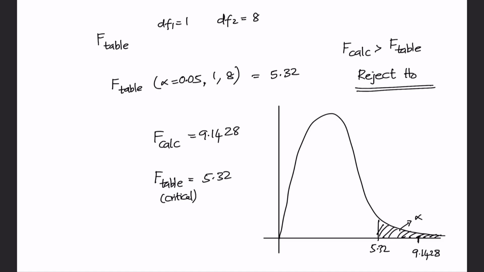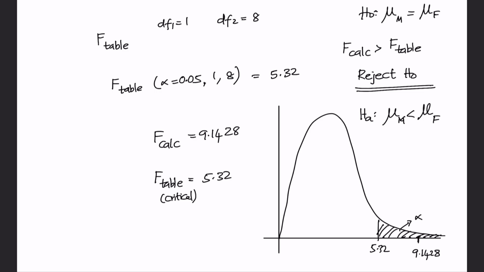So what did H0 say? H0 said that the mean of the males in terms of the number of minutes slept is the same as that of the females. If we reject H0, the HA that we used here is mu M is less than mu F. So what can we conclude here?